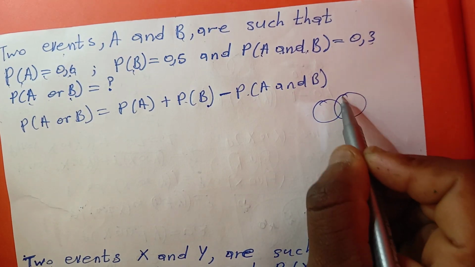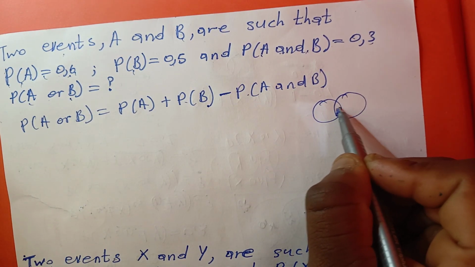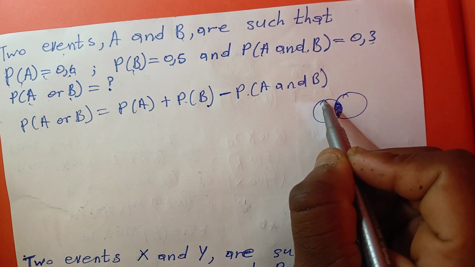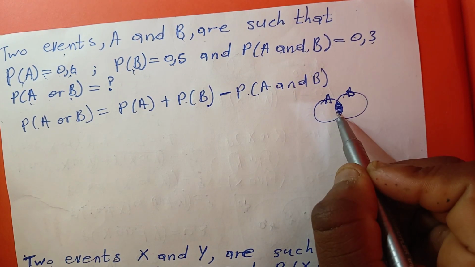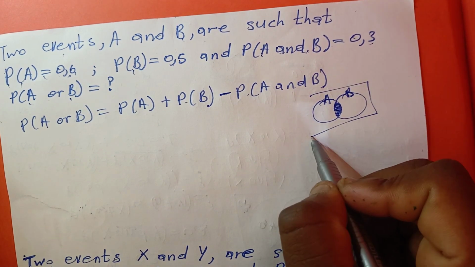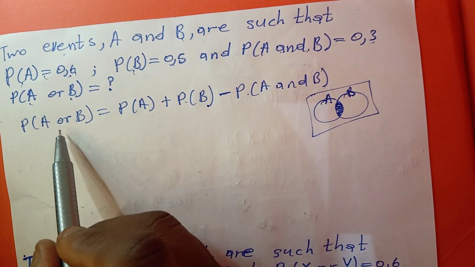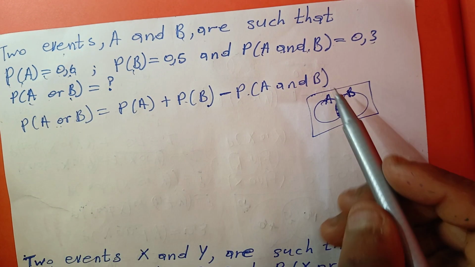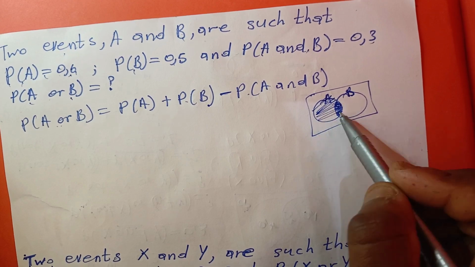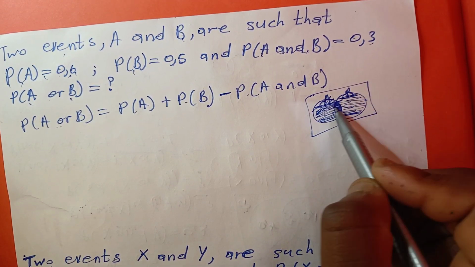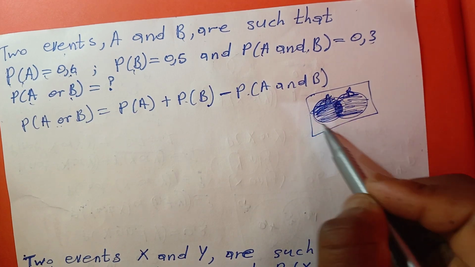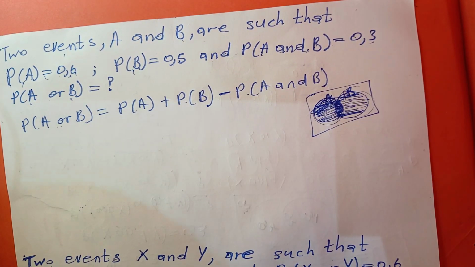So we minus this so that when we're counting for A and when we're counting for B, we won't count it twice. Do you understand? That equation is identified to get everything which is here. You can just add this one and that one minus the intersection.